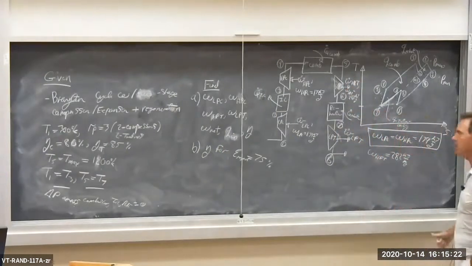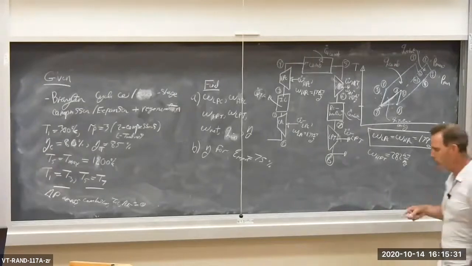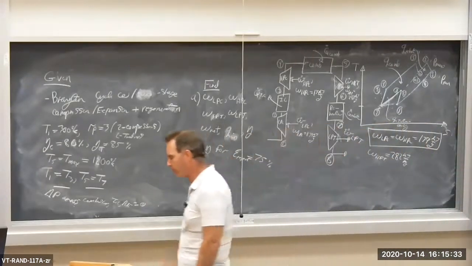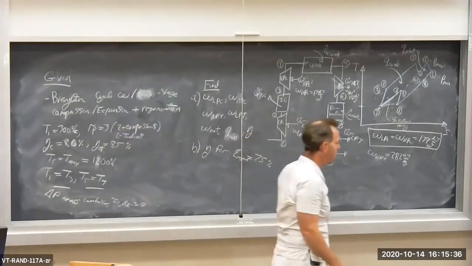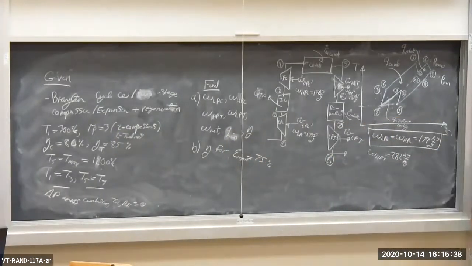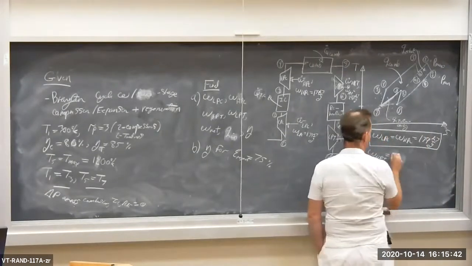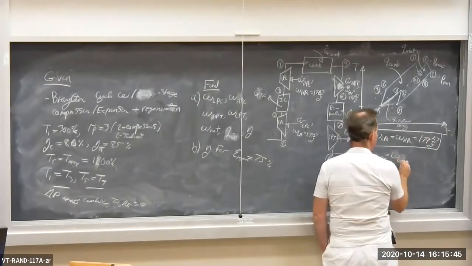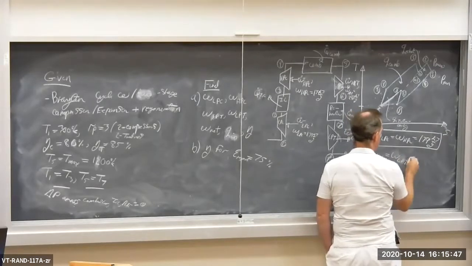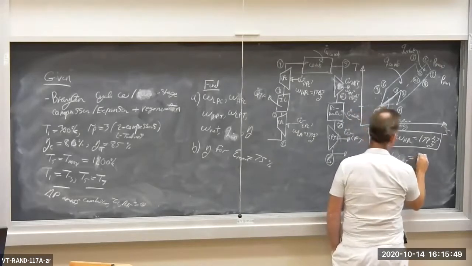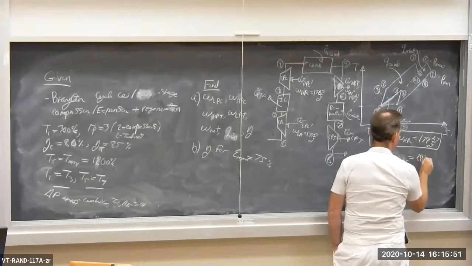We're adding just enough heat to boost the temperature back up. And we also have the same pressure ratio, RP is 3, and the same isentropic efficiency. So if you do the whole analysis all over again for the low pressure turbine, you're going to get the same exact specific work. So specific work for the HPT is equal to specific work for the LPT, which is 282 kilojoules per kilogram.